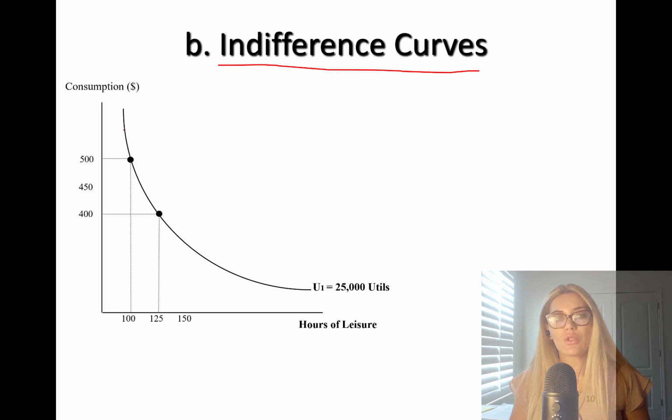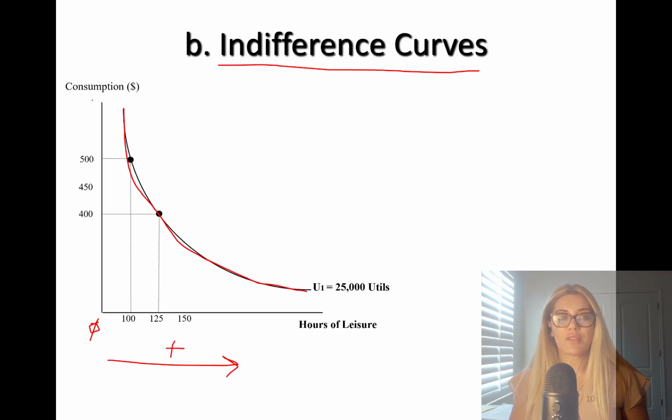Okay, so let's learn about indifference curves. An indifference curve shows you the locus of points. This is an example of an indifference curve, downward sloping, convex to the origin. But before we get started, let's put things in perspective by talking about hours of leisure and consumption. As leisure goes up, your utility is going to go up.